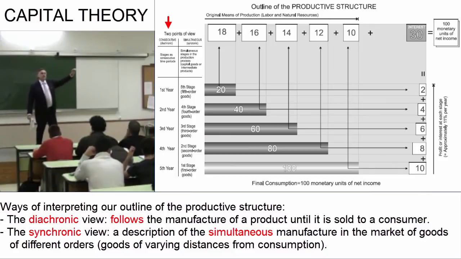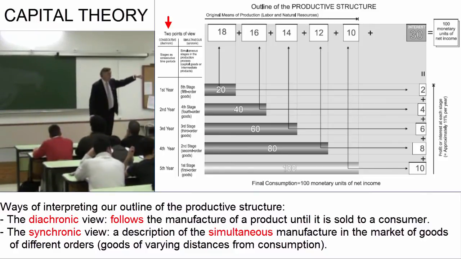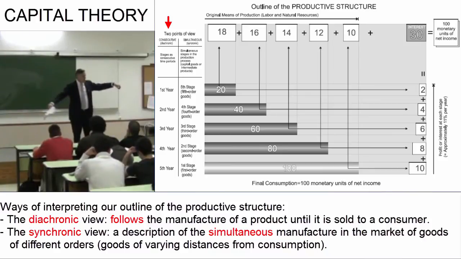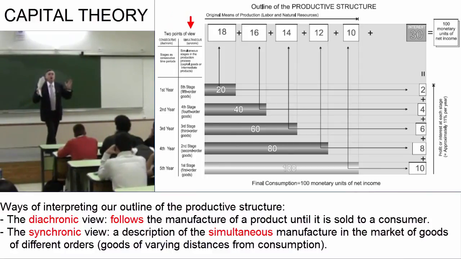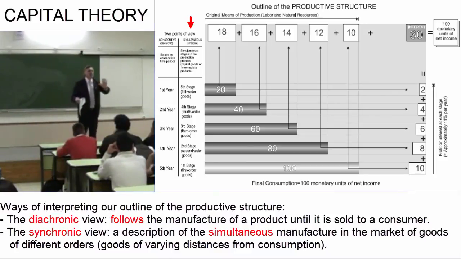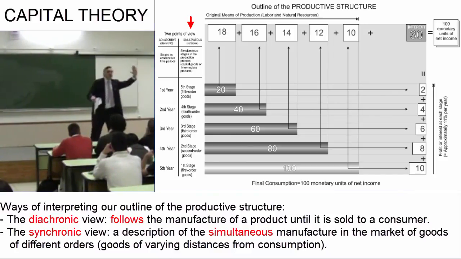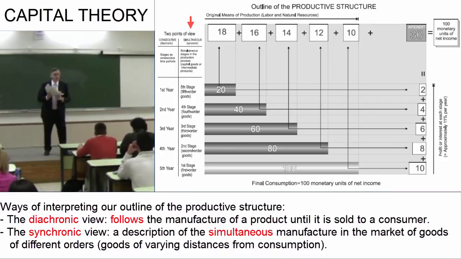We can track the production of the car from the time it is designed and the iron ore is extracted until the car is handed over to the customer 5 years later. We can also take a snapshot of the productive structure today, this year, to get a simultaneous view of the workers and companies specialized in the 5th, 4th, 3rd, 2nd, and 1st stage, the stage closest to consumption.